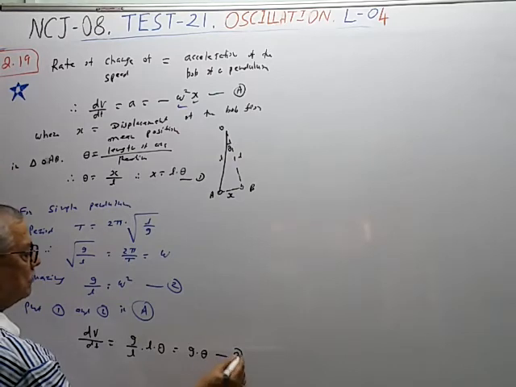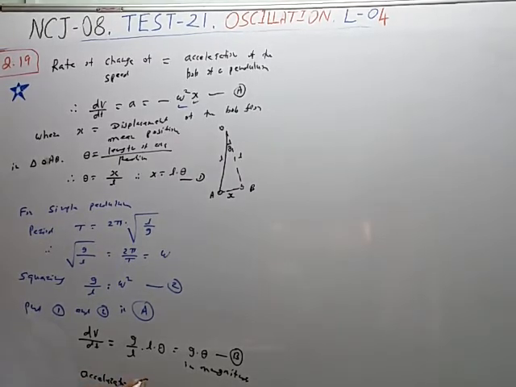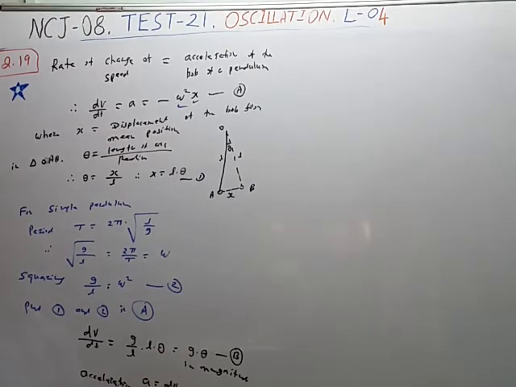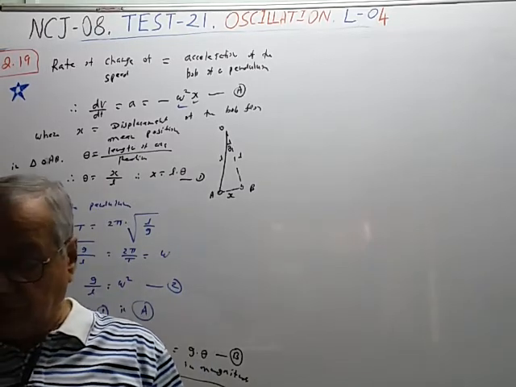This is equation B. In magnitude, minus नेग्लेक्ट केले. So acceleration A is equal to dV by dt is equal to G into theta. नवीन फॉर्म्युला आपल्याला माहिती आहे.